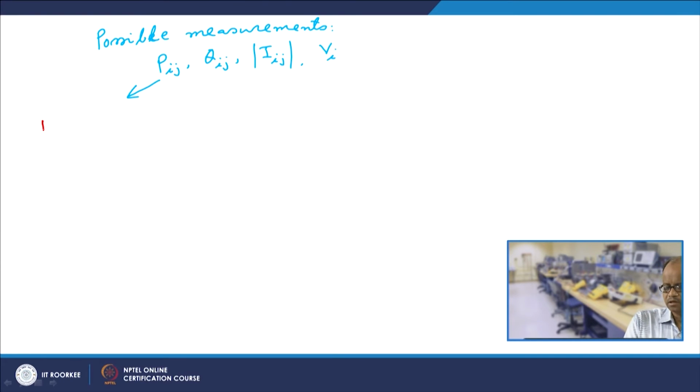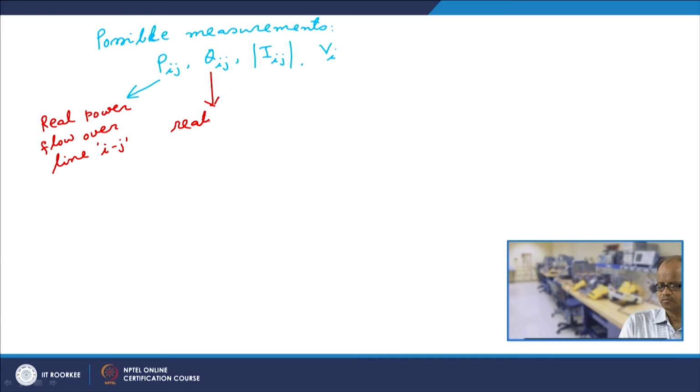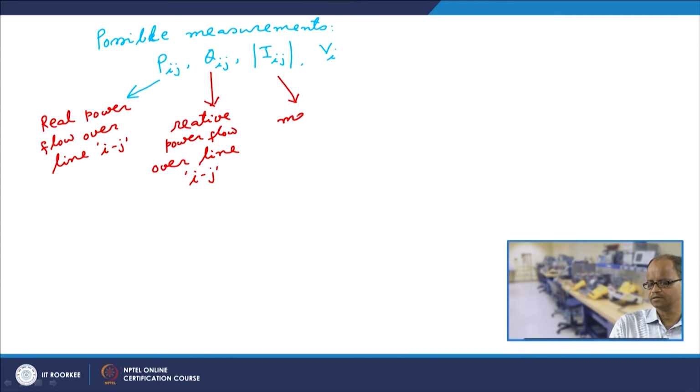Qij is the reactive power flow over line ij. Iij is the magnitude of current flow over line ij.